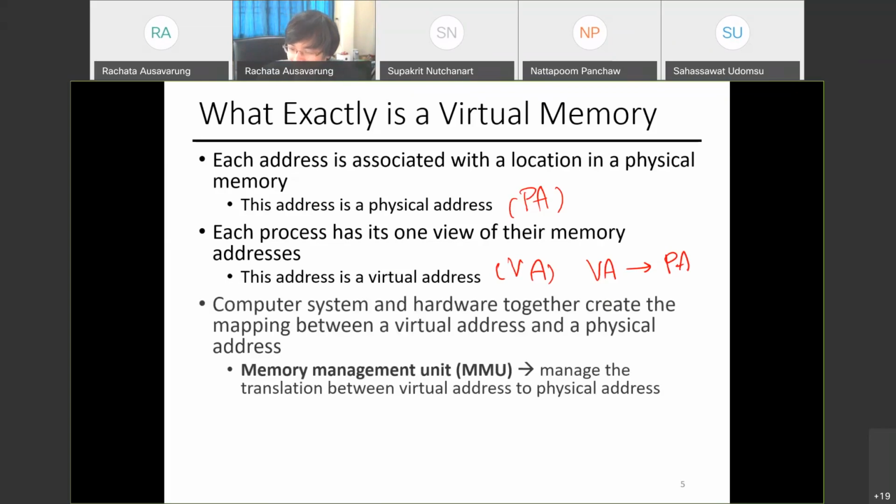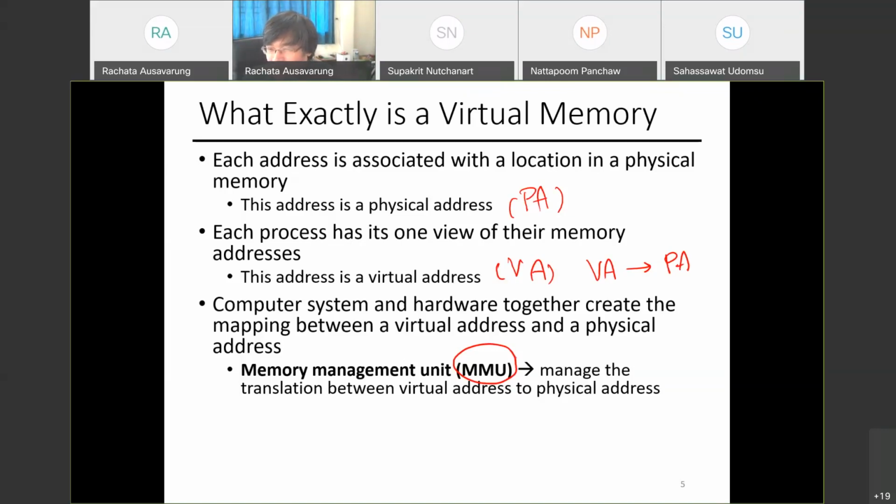And there's this thing called the Memory Management Unit, or the MMU. What's the definition of management? Can someone tell me what management means? Yeah, it's managing, right?